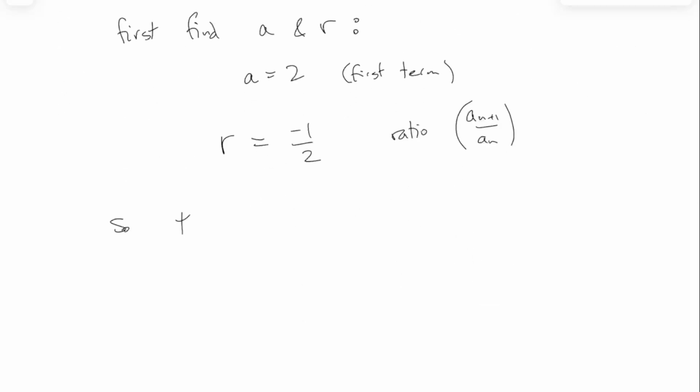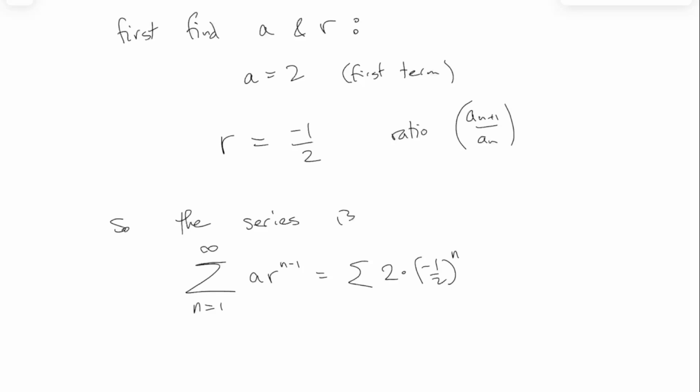So the series is the sum from n equals 1 to infinity. If I were to write this, it's always A times R to the n minus 1, which in our specific case would be 2 times negative a half to the n minus 1. And does this converge or not? Anybody remember the rule about when it converges?